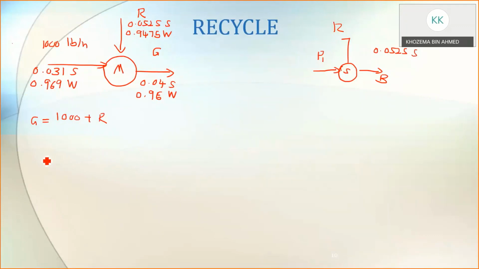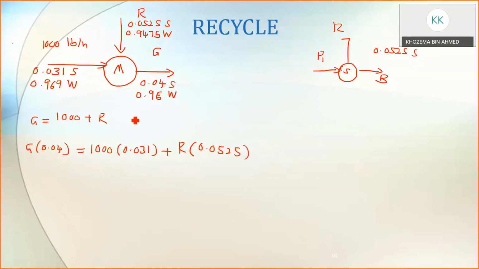So for G, I have 0.04 salt is equal to fresh feed, I have 1000 flow rate, times 0.031, plus my R, and the composition is going to be 0.0525.